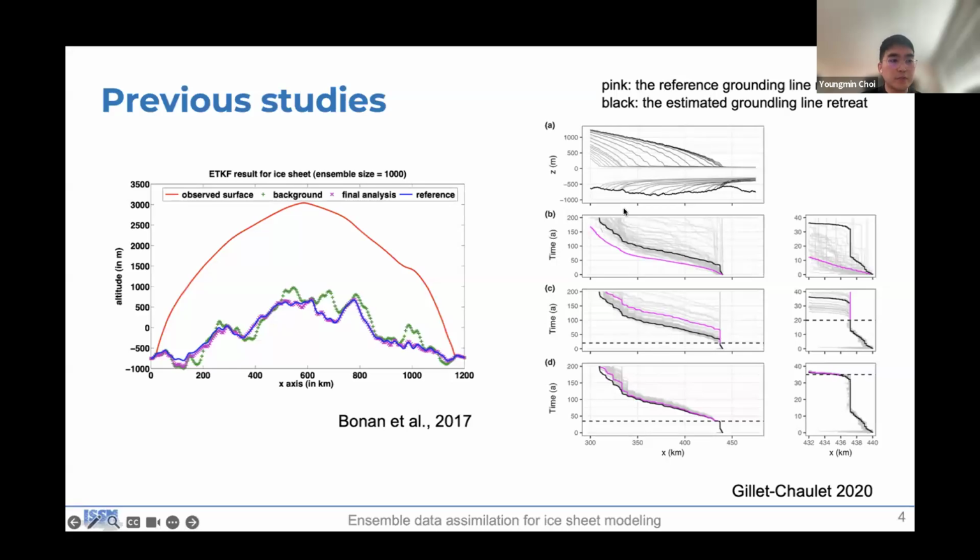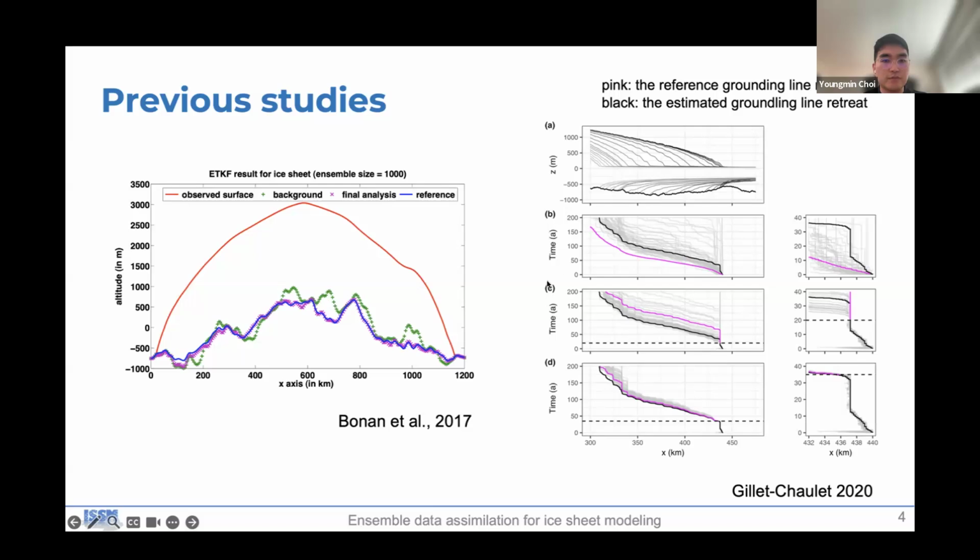On the right, this study shows that the ensemble Kalman filter also reproduces the changes in glacial behavior related to ice dynamics. The pink color in this figure is the reference grounding line positions along the flow line, the gray color is the estimated grounding line position from each ensemble member, and the mean estimated grounding line positions are shown in these black lines.